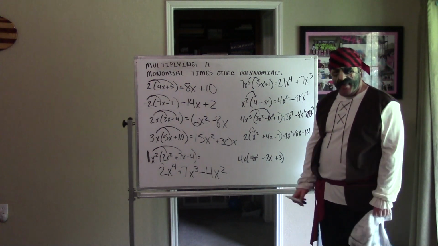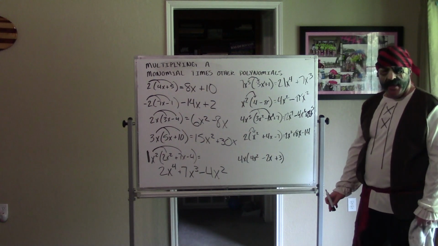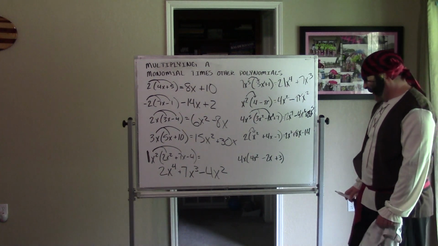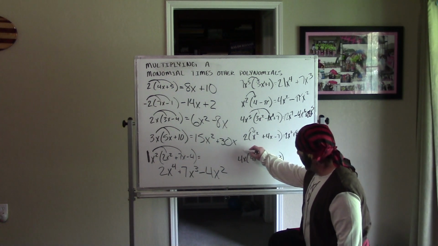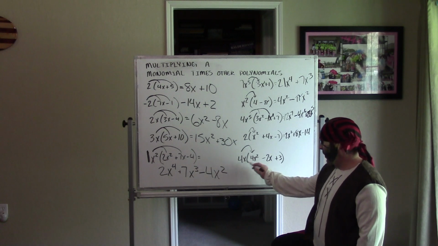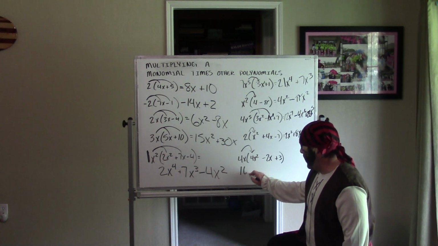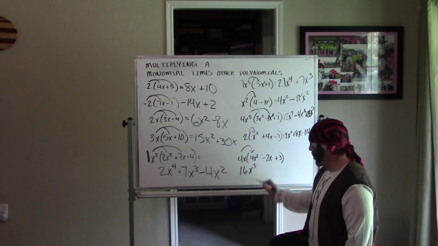And then last example here, we've got another 4x times another trinomial. We got some stuff that we have to deal with. So, here we go, last one. 4x times 4x squared. We're going to multiply the 4's and get 16. x times x squared is going to get x cubed.